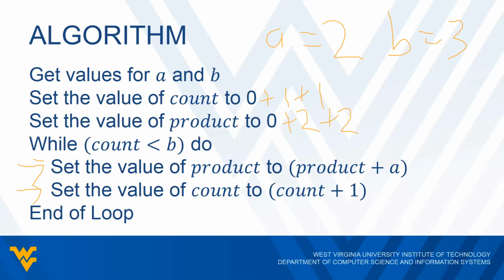So we're going to add 2 one more time, and then we're going to add 1 to our count. So our count is now 3. Well, 3 less than 3 is false, so our condition is no longer true, so we get out of that, and our product is now 6, which is sure enough 2 times 3.